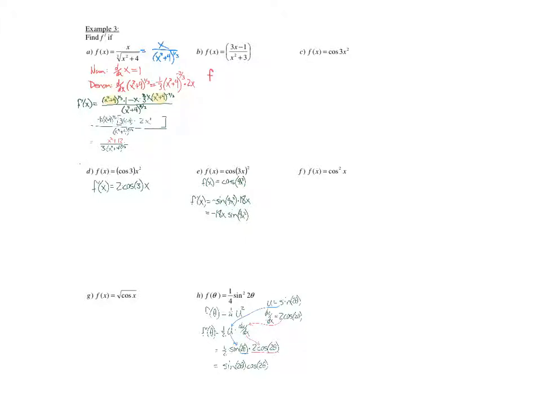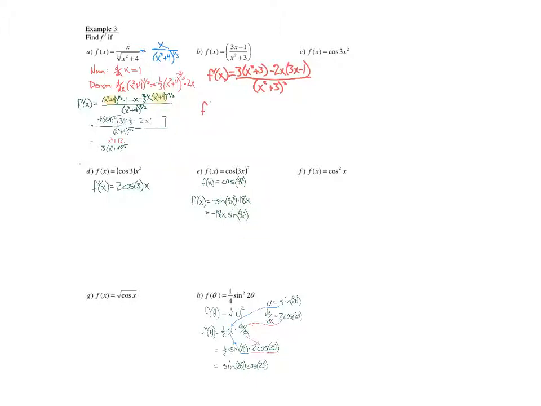So if I'm doing f prime of x, I have low d high, so that is x squared plus 3 times the derivative of the top, that's the d high, minus high d low, so derivative of the bottom is 2x times the top is 3x minus 1, and this is all over low squared, so x squared plus 3 quantity squared.